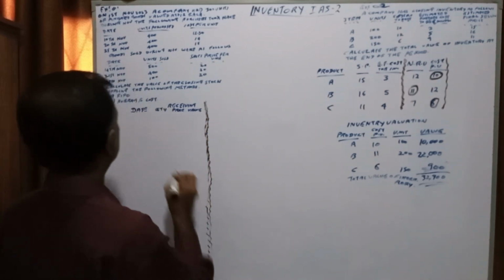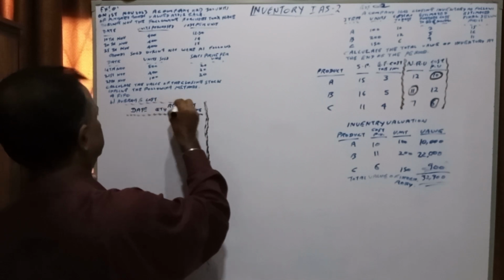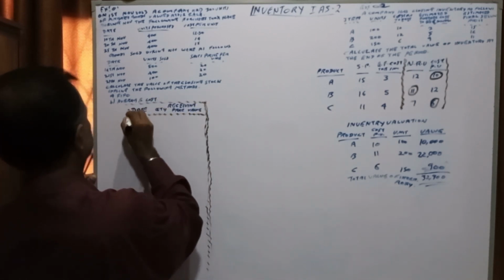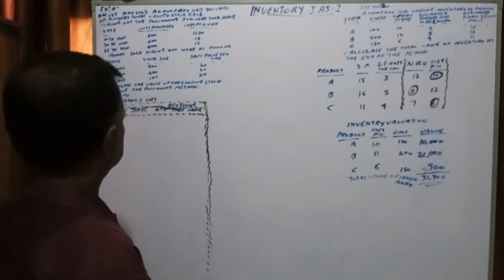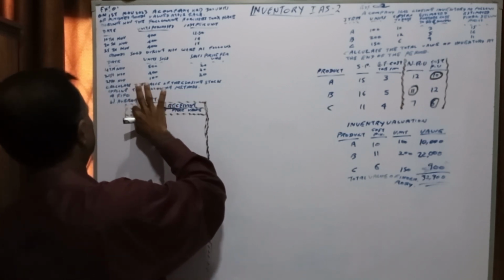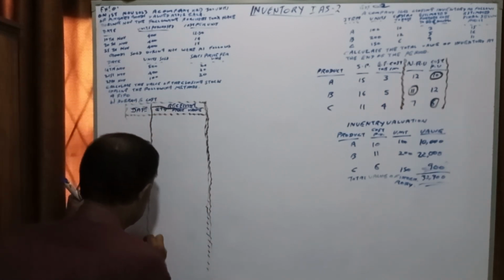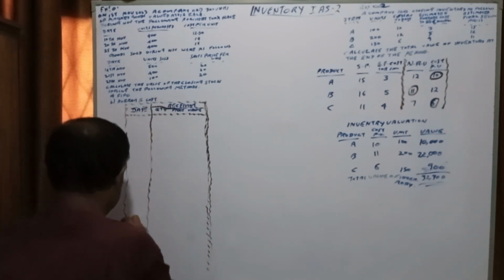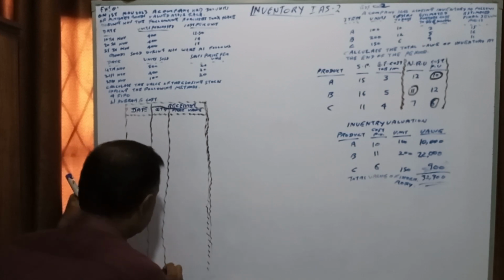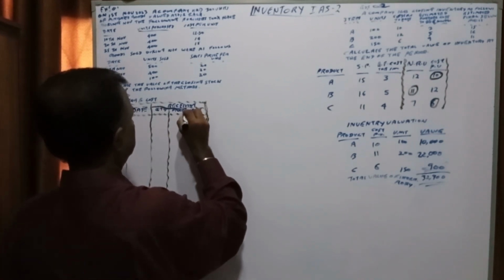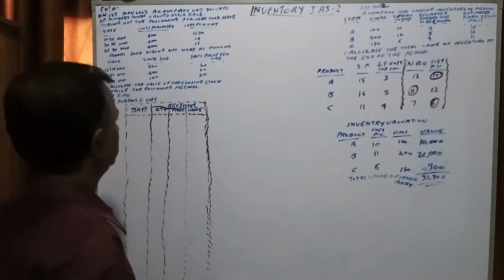Okay, next one, quantity. What is the quantity? This is price and value.